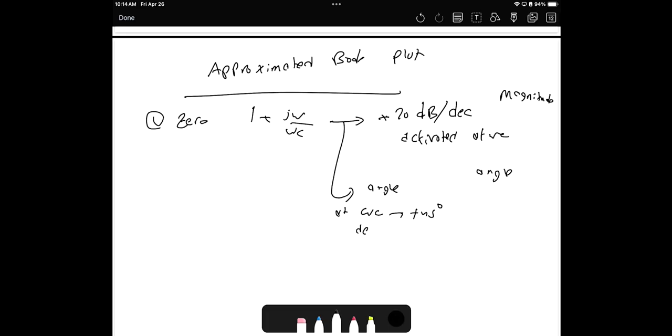Decade before omega c will be 0, then increasing. Decade after omega c will reach 90 degrees, then stop.